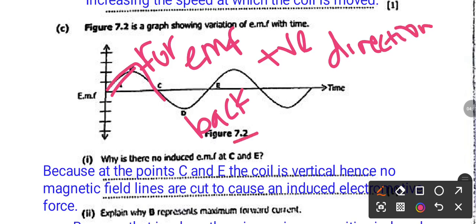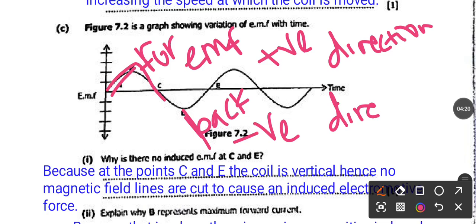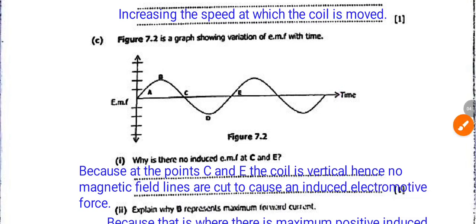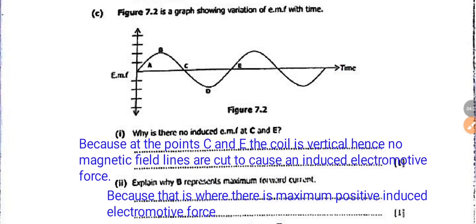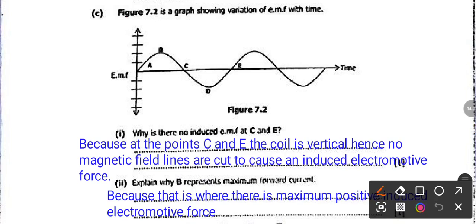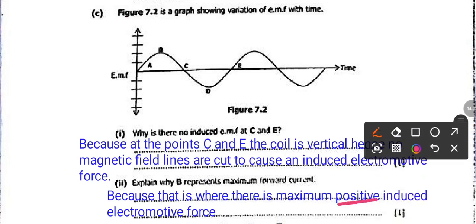In this case, we have the maximum at D, we have the maximum EMF moving in the negative direction. So here I presented my answer to say that that is where there is maximum positive induced EMF, and the key word here is positive. This is in the positive direction.